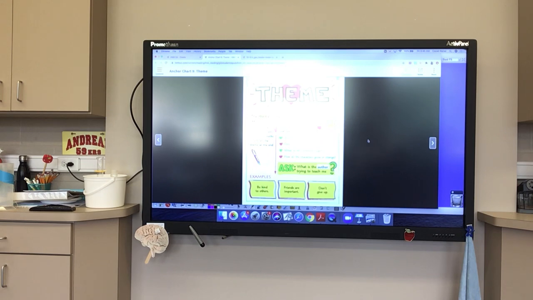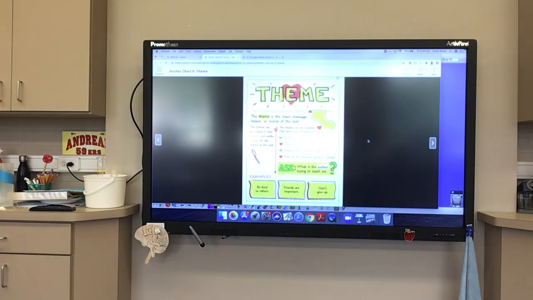That is the theme. That's what we're looking for. How did Scaredy Squirrel change? We're looking to see how Scaredy Squirrel has changed in the story.